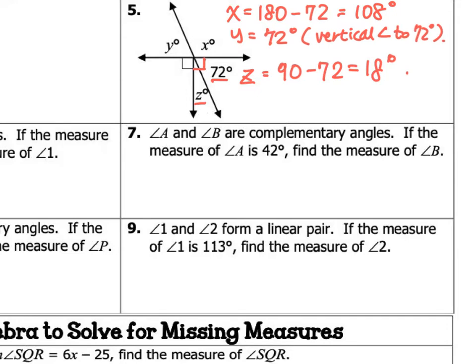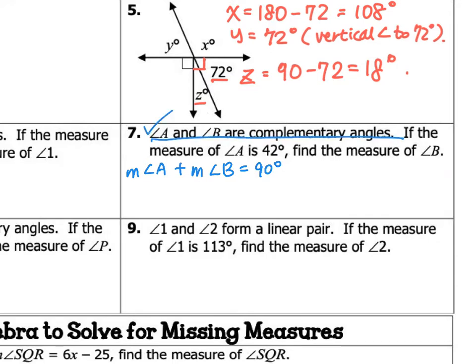Now, number 7. Angle A and angle B are complementary angles. What does that mean? Measure of angle A plus measure of angle B equals 90 degrees.